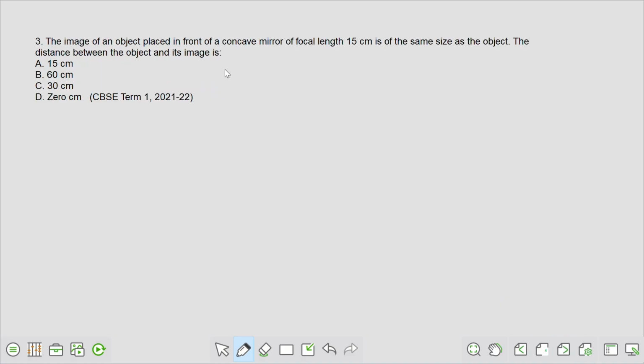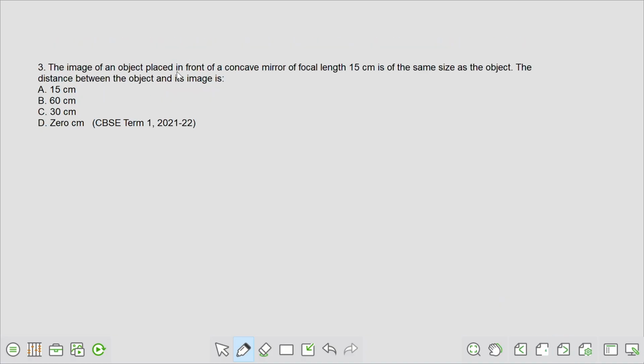Now the third question: the image of an object placed in front of a concave mirror of focal length 15 cm is of the same size as the object. The distance between the object and the image is... So here we have to find the distance between the image and object.